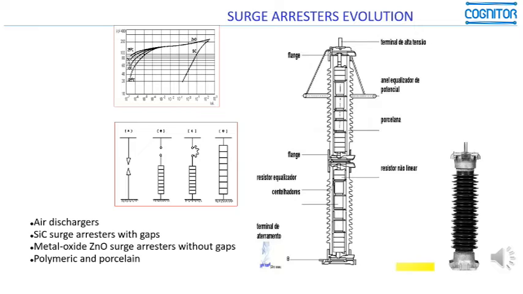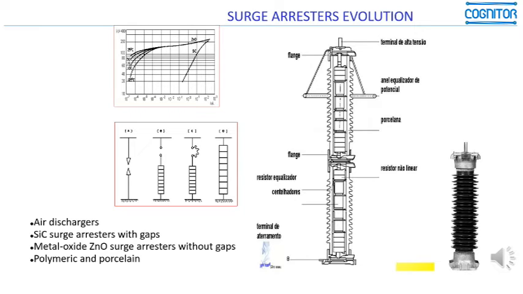And this is important because usually such arresters are installed very near to the bushings of the transformers, and as near as possible is better. To have the surge arrester very near to the bushing of the transformer is the best situation. The problem is that porcelain surge arresters from time to time can explode, can fail.